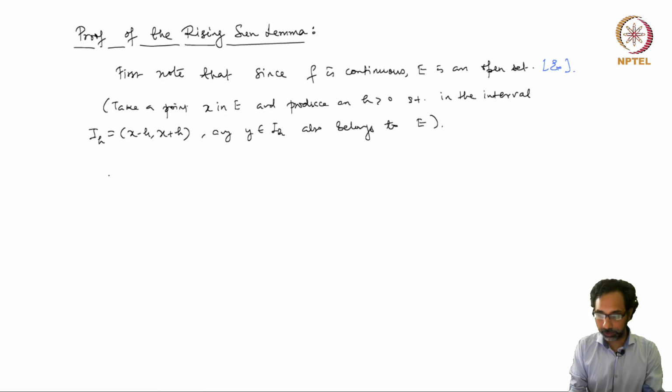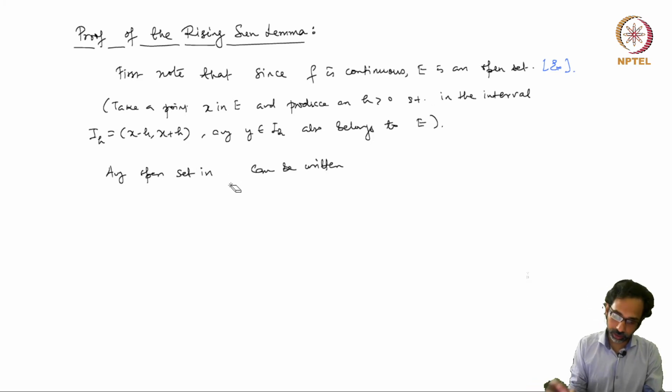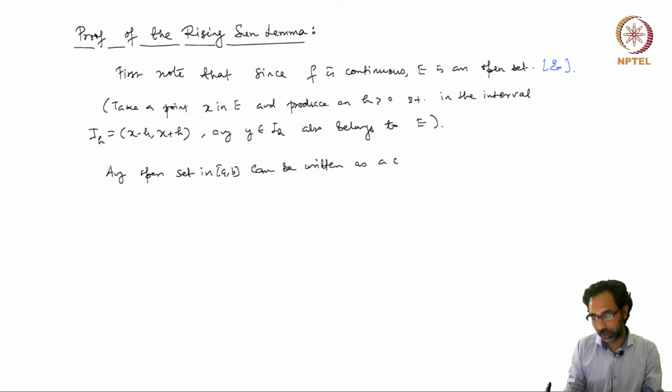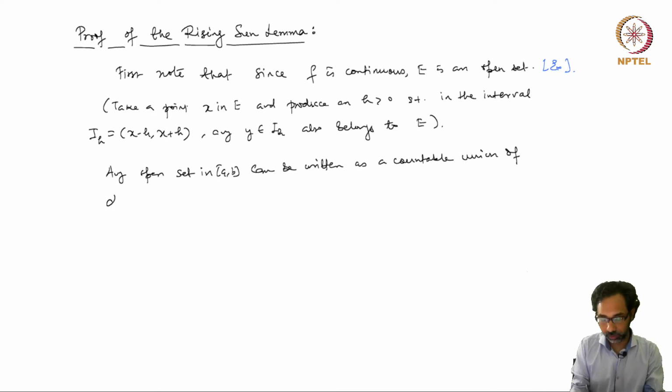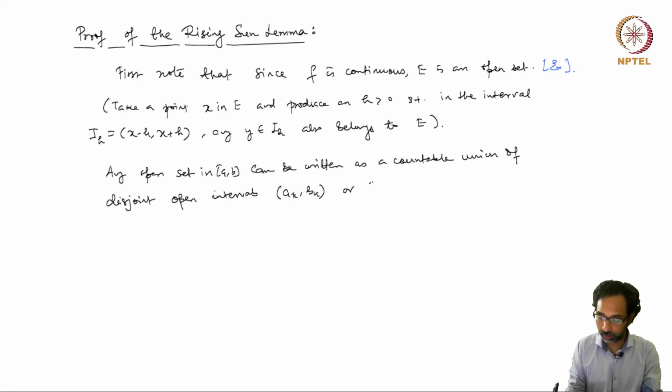And now we have an open set E, and any open set in R, let me take it in (a,b), can be written as a countable union of disjoint open intervals (a_k, b_k) or [a, b_k) or (a_k, b].